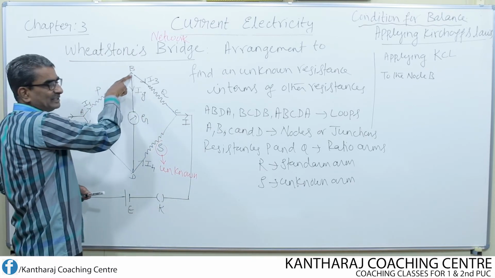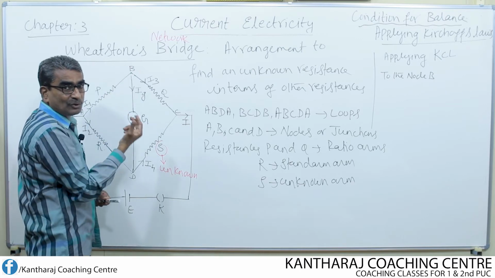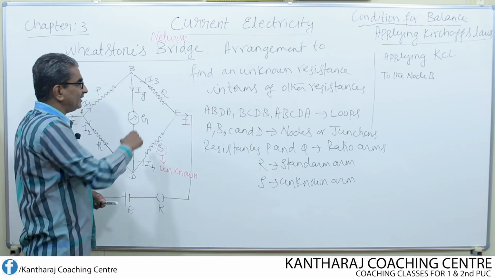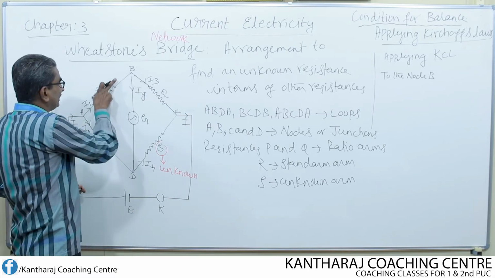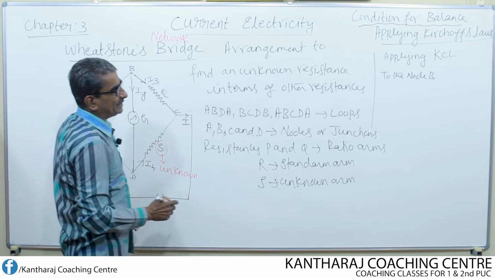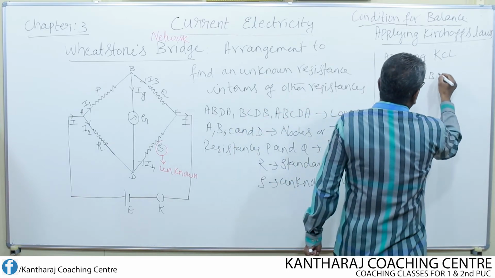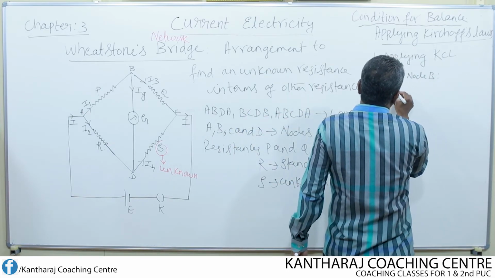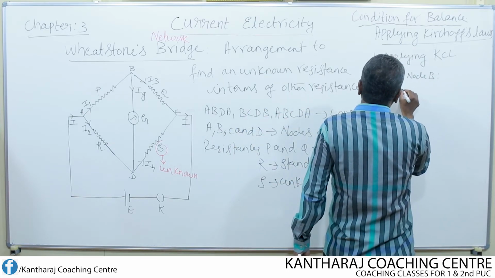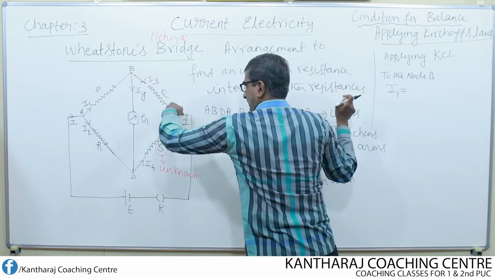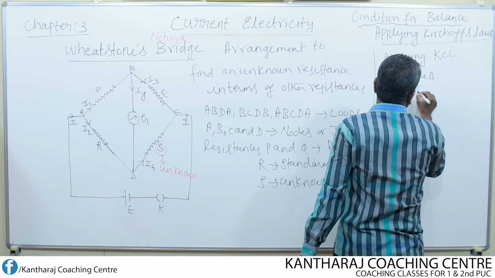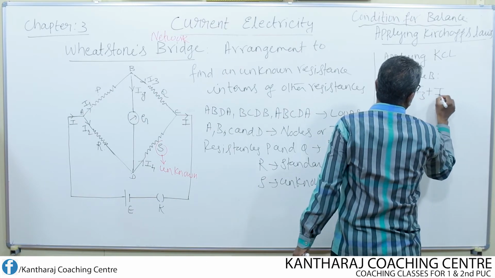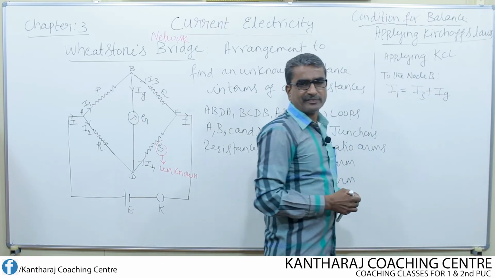Incoming current is only I1. What are the outgoing currents? There are two outgoing currents, one is I3 and another one is IG. So total incoming equals total outgoing. To the node B, incoming current is I1. Outgoing currents are I3 from B and IG from the same point B. So sum of outgoing is I3 plus IG.